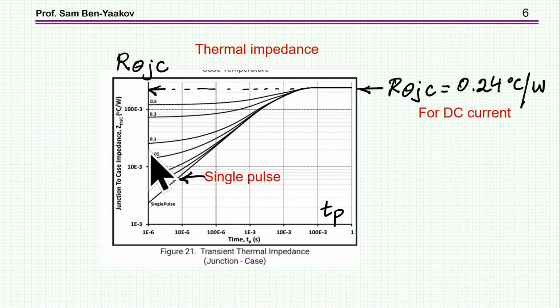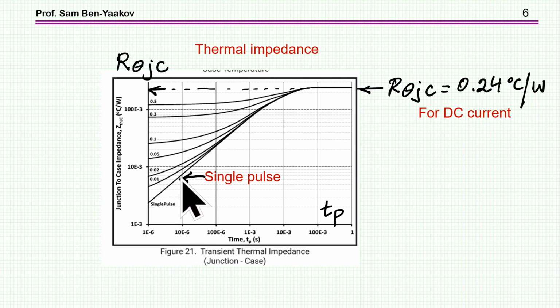It means that if the pulse is short, then the thermal resistance that you have to take into account is not this one for steady state, but rather the one for this particular width of the pulse. And then we're talking here about a single pulse, okay?